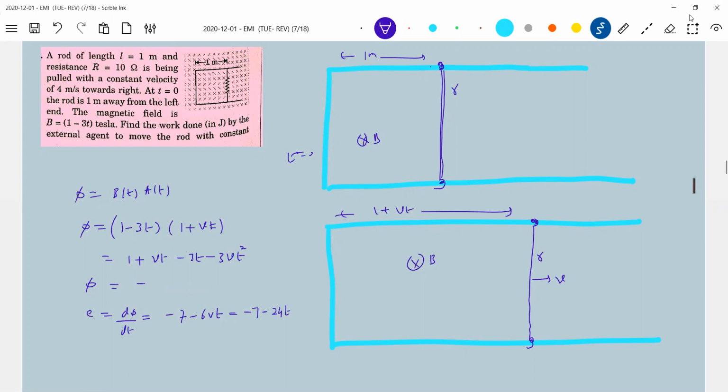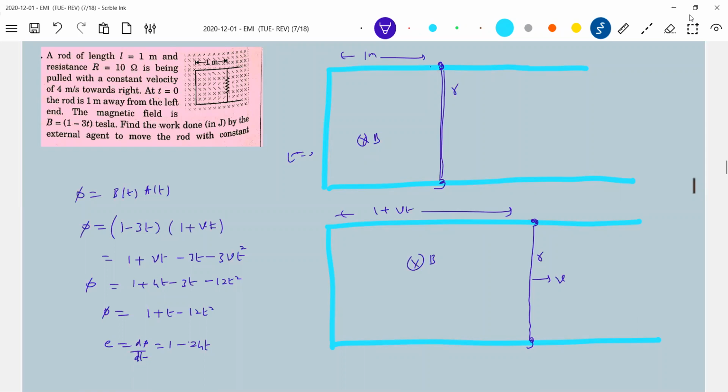I'll write one more step here: 1 plus 4t minus 3t minus 12t square. Okay, I'm doing a correction. So this will be 1 plus t minus 12t square. Let's differentiate this: 1 minus 24t. Find the work done by the external agent to move the rod.